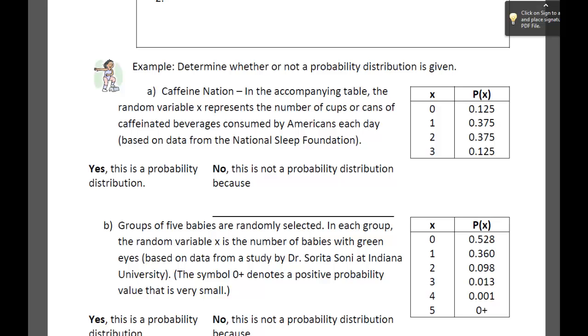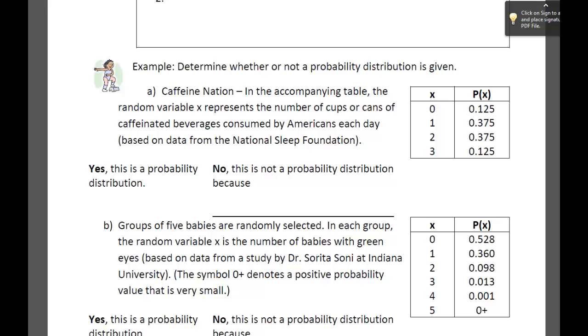For B, groups of 5 babies are randomly selected. In each group, the variable x is the number of babies with green eyes based on a study from Dr. Soni at Indiana University. The symbol 0 plus denotes a positive probability value that is very small. So when we add these up, do they add up to 1?